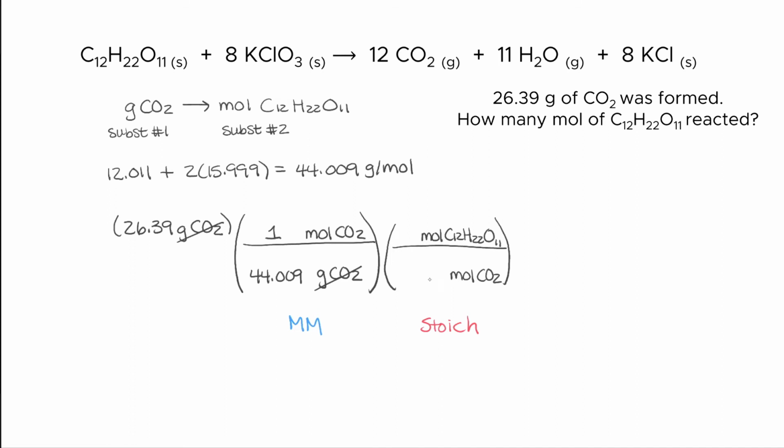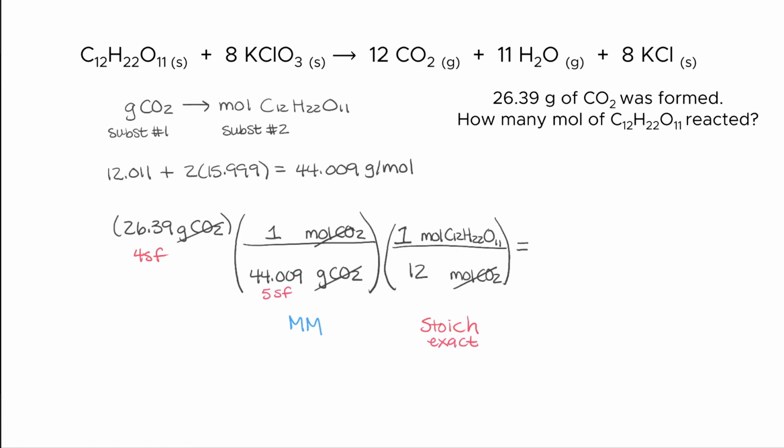And then our stoich values are 12 moles of CO2 and 1 mole of sucrose. Cancel our units, and then check our sig figs. We have 4 sig figs in our original value, 5 sig figs in molar mass, and stoich is exact.